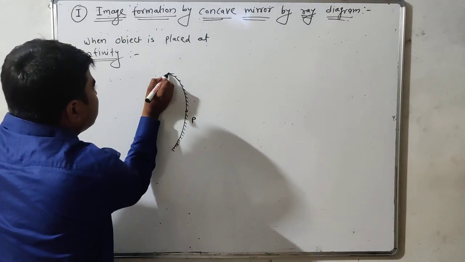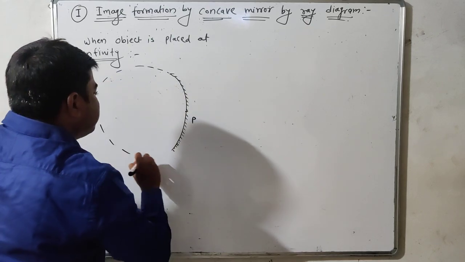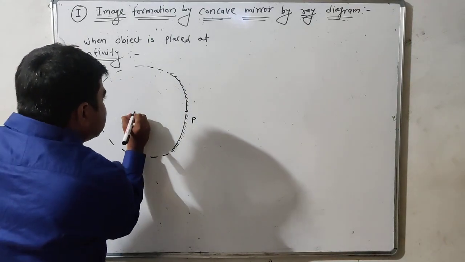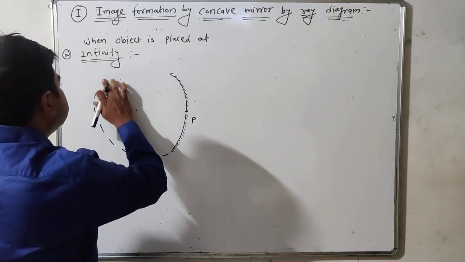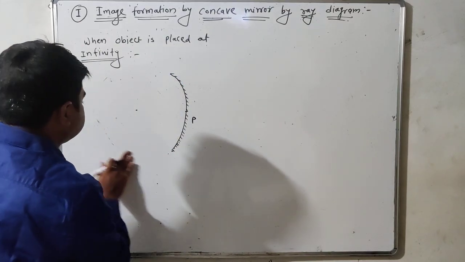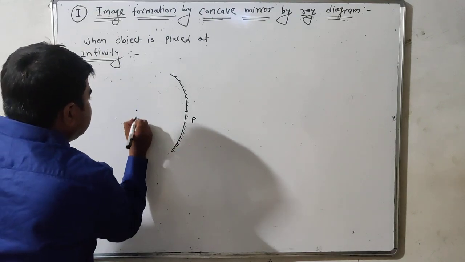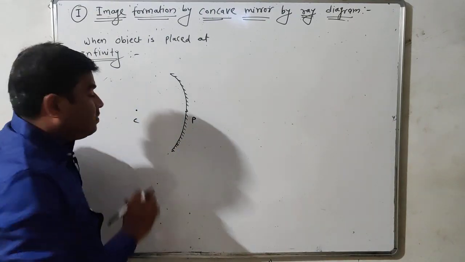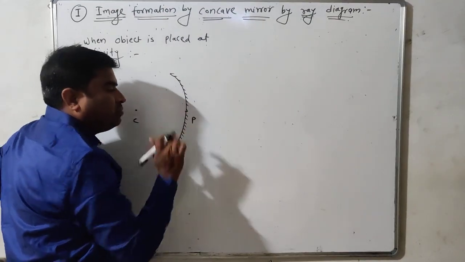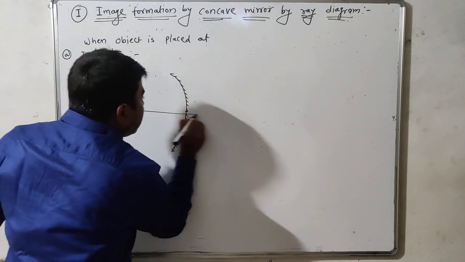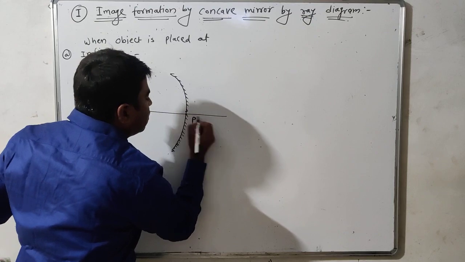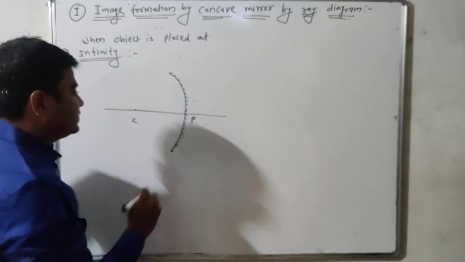So this is that imaginary sphere, and this point is considered to be its center. Therefore, this is the center of curvature. Now student, a straight line passing through center of curvature and pole, this is called what? Principal axis.